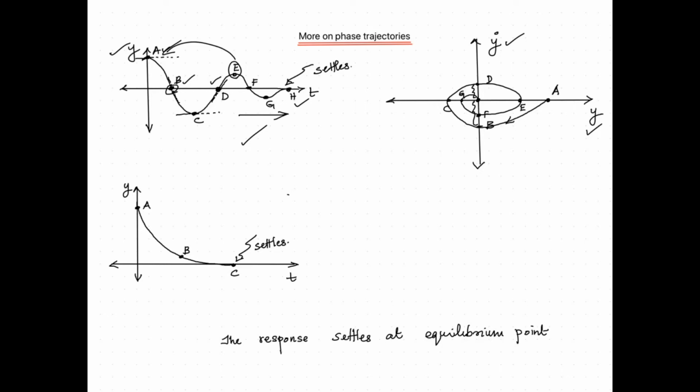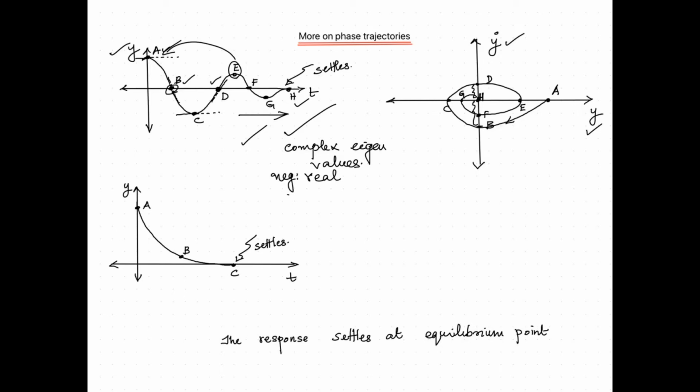Now we can see that the system settles at the point H as time passes. And this response is obtained when we have complex eigenvalues with negative real parts.